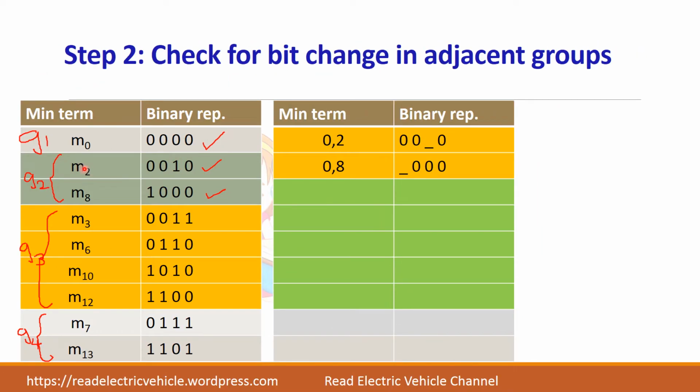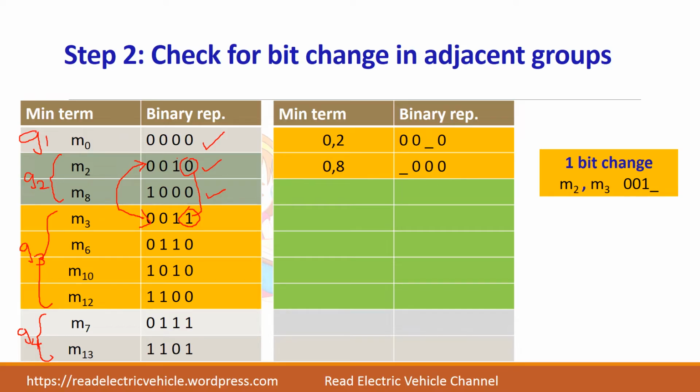Now in G2 we have two terms, M2 and M8, which should be compared with all the 4 terms here. Again, M8 should be compared with all the 4 terms. So first let us take M2 and compare one by one. So M2 comma M3, you see only one bit change. So mark that here.